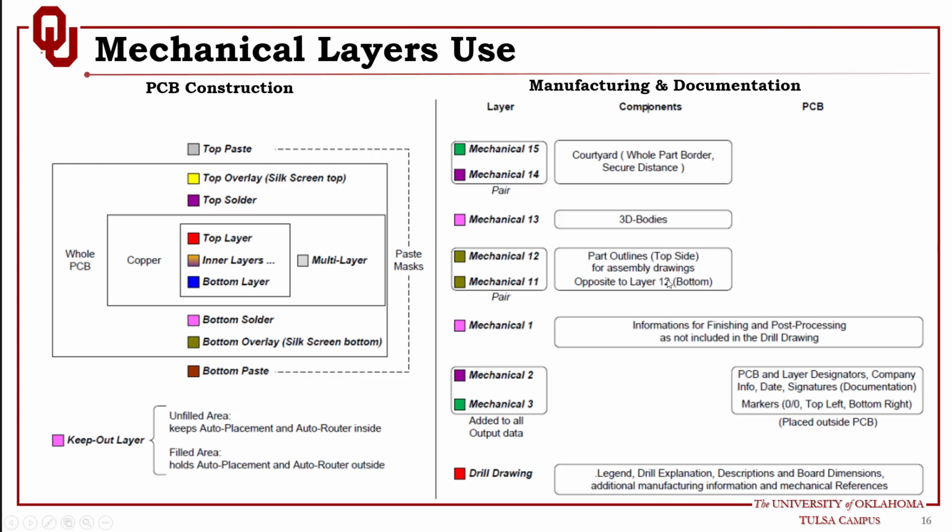And we will have an example to do all that. If you have mechanical layer 2, you can use it for designator, company logo, date, signature, whatever you want. And again, these are manufacturing data, helpful during fabrication and assembly. They are not related at all to the construction of the physical PCB. These will not be printed on the PCB, and they have nothing to do with the PCB at all.